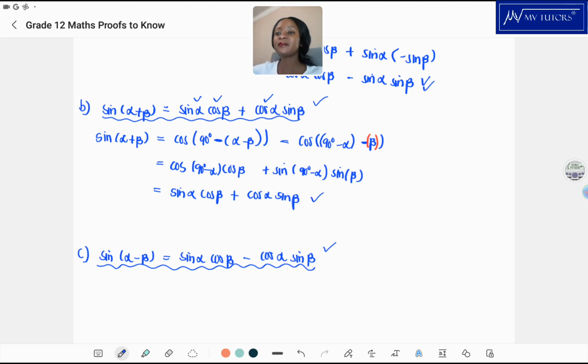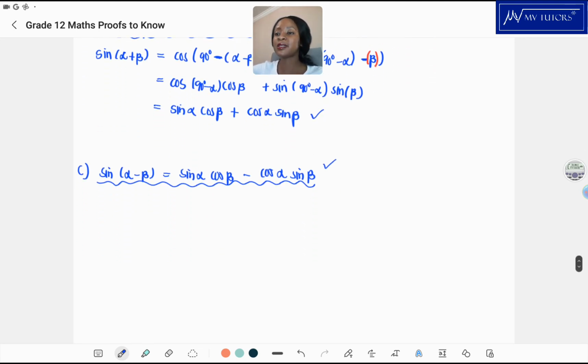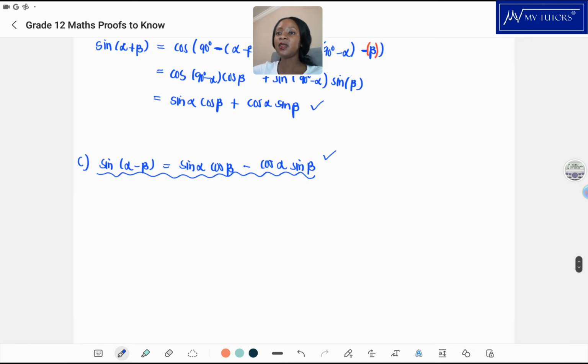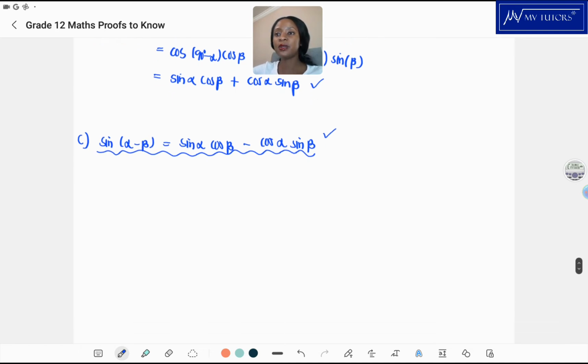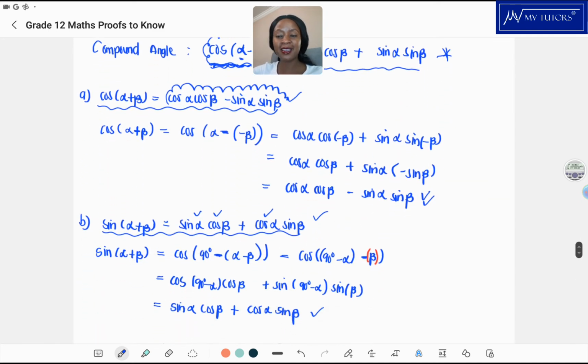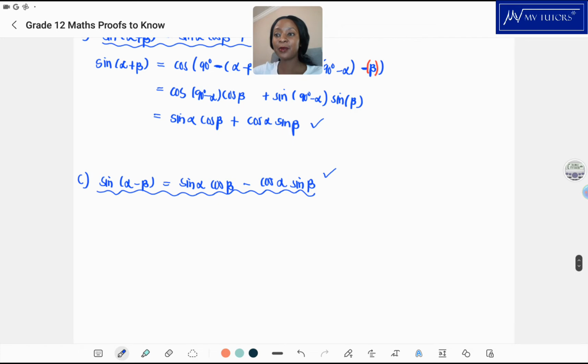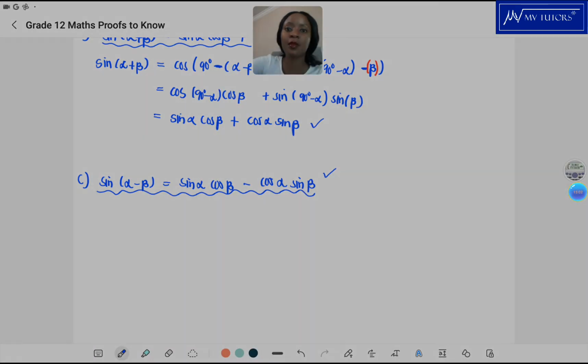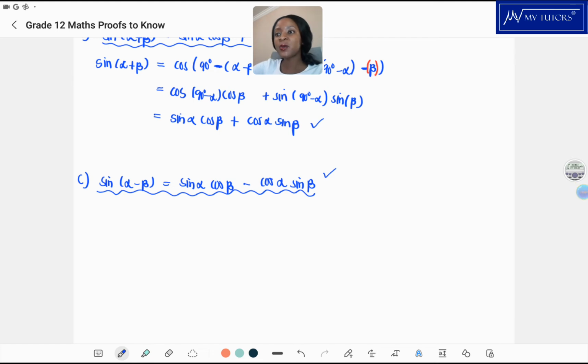Okay, now we get to the last bit. All right, and we're going to show with that using the cos alpha minus beta, how to actually prove it so that we can get this answer over here. So again, because we have sine alpha minus beta, I am going to get a co-ratio because I want cos.